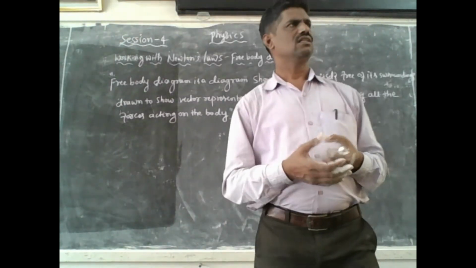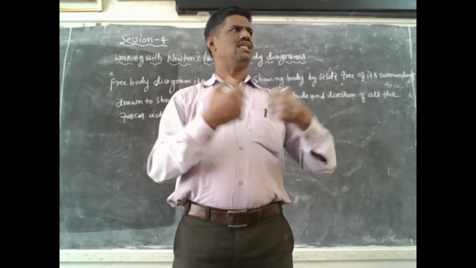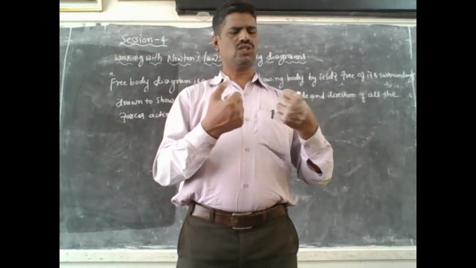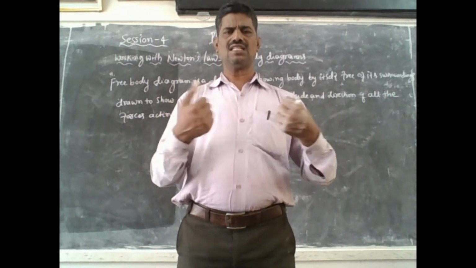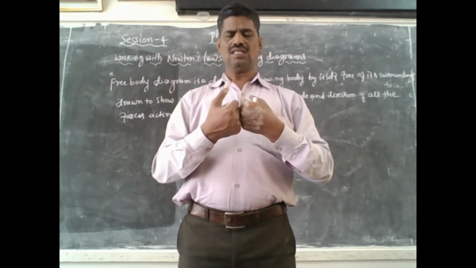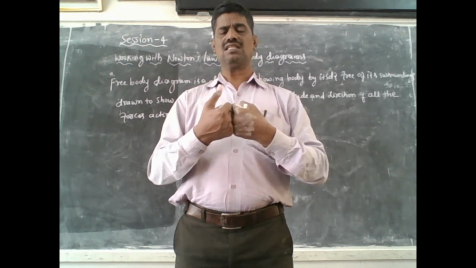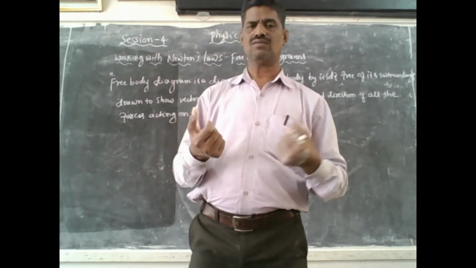So when the body is in equilibrium, it does not show that no forces are acting on the system, but simply that the resultant of forces acting on the system is zero.